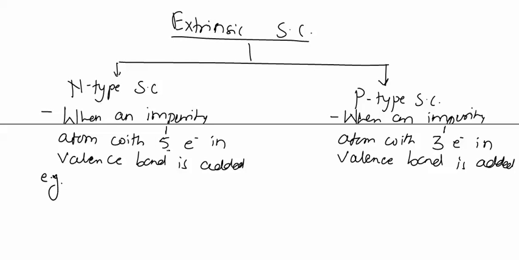Here are some examples of impurities with 5 valence electrons. One is phosphorus, and one is arsenic.